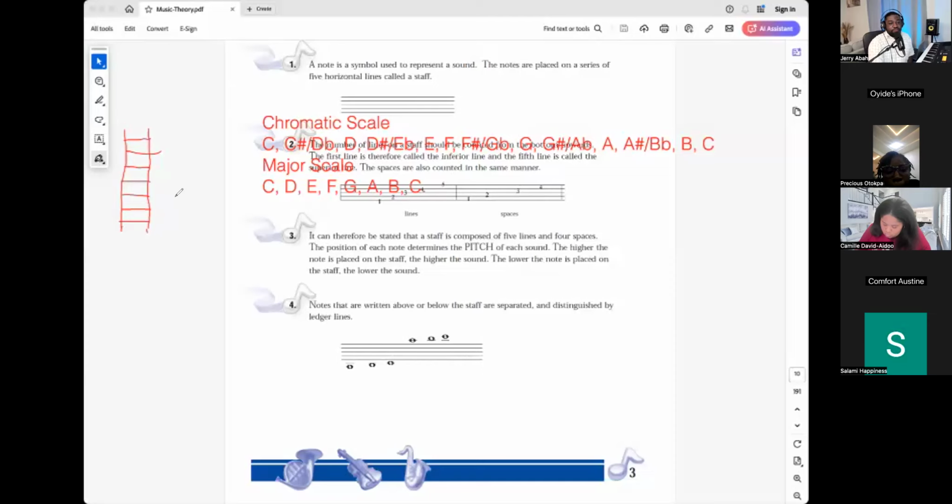So if we were to follow this arrangement, it means this ground level on the ladder will be our C. The space here can become our C sharp. Okay? And then the first line can become our D. This can become our D sharp.